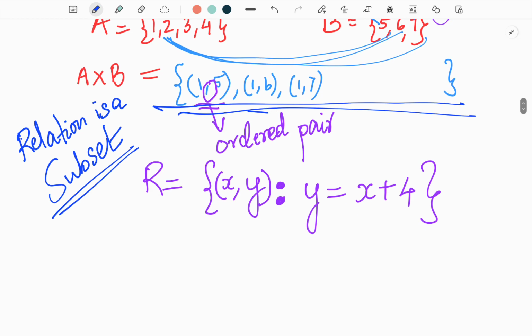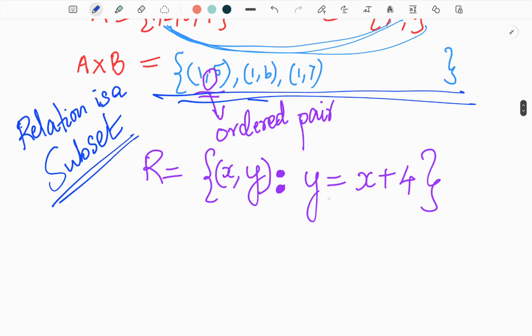Now the difference is, in the relation you will have only the elements which satisfy this condition. That means the y element, that means the image, or you can say the second element, should be x plus 4.